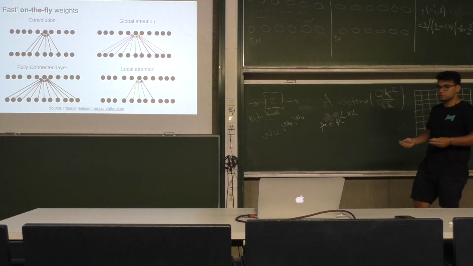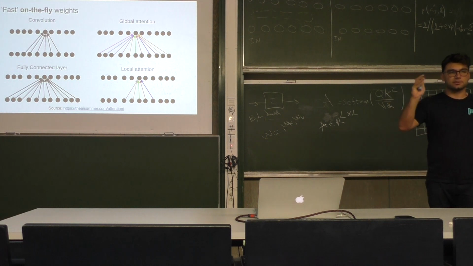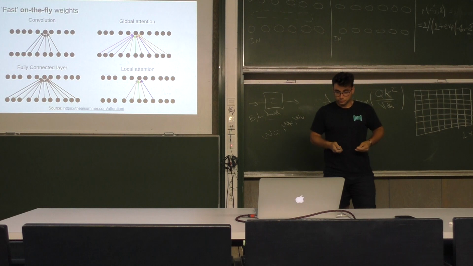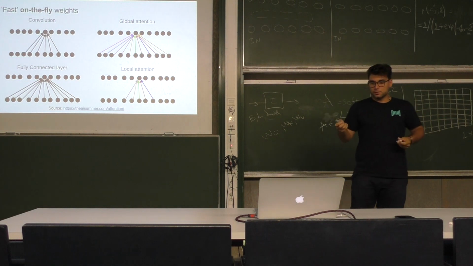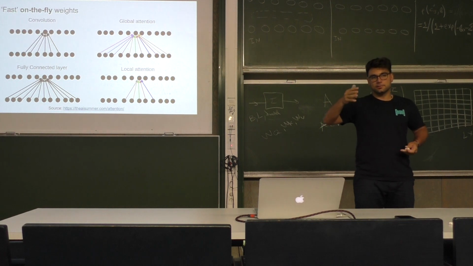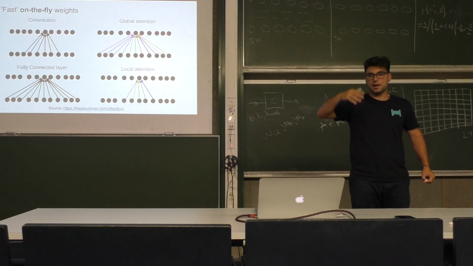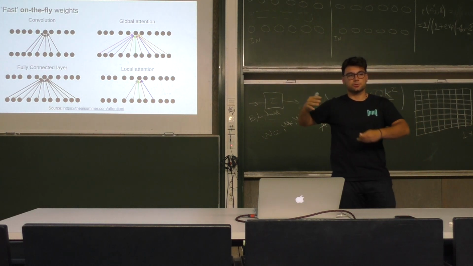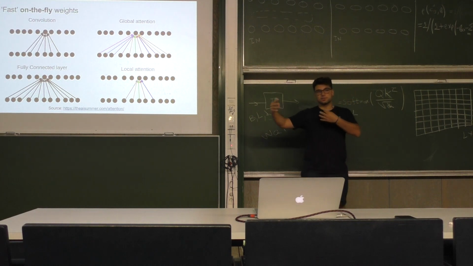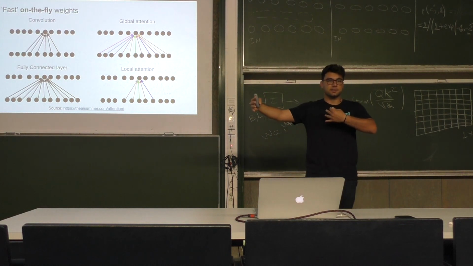So for each input, you have completely different pairwise relationships that you attend to. And this happens for M layers and H heads, so M times H. Because you have not just one attention map: for 10 layers, with 10 heads per layer, we have 100 attention maps.